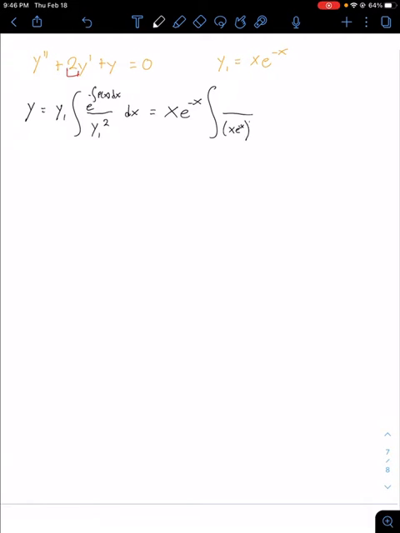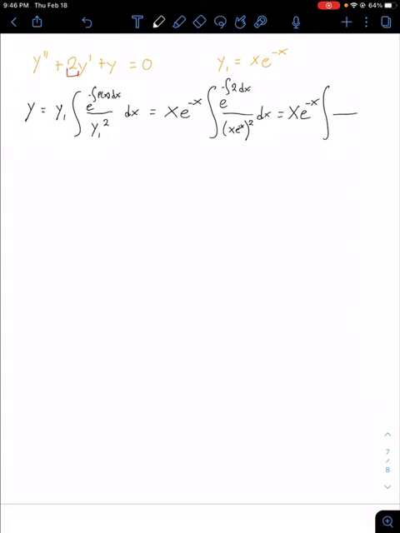x e to the minus x squared. That's a little bit funky, but it's okay. The numerator is e to the minus integral of 2 dx. So this is going to equal x times e to the minus x.